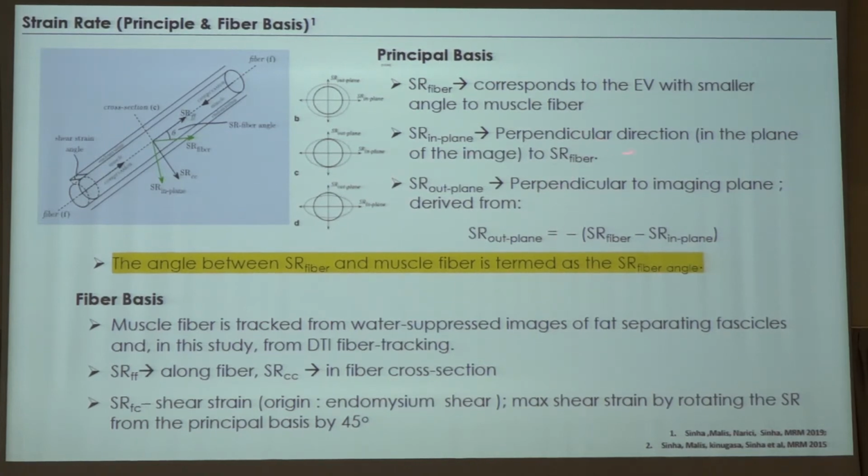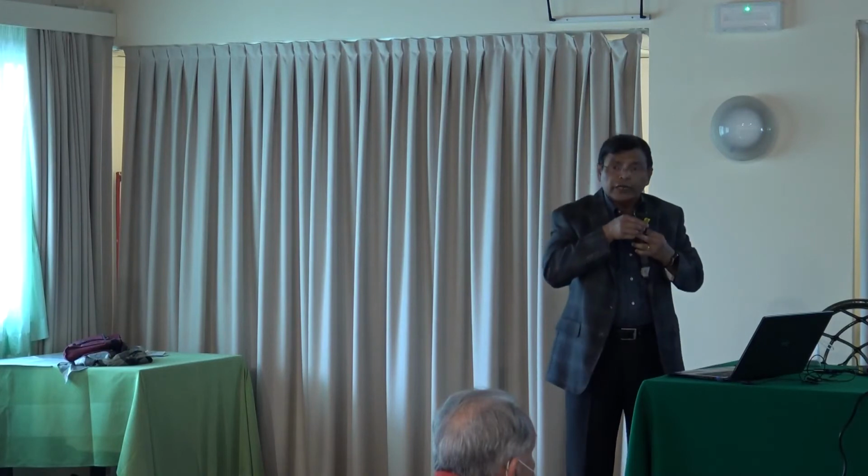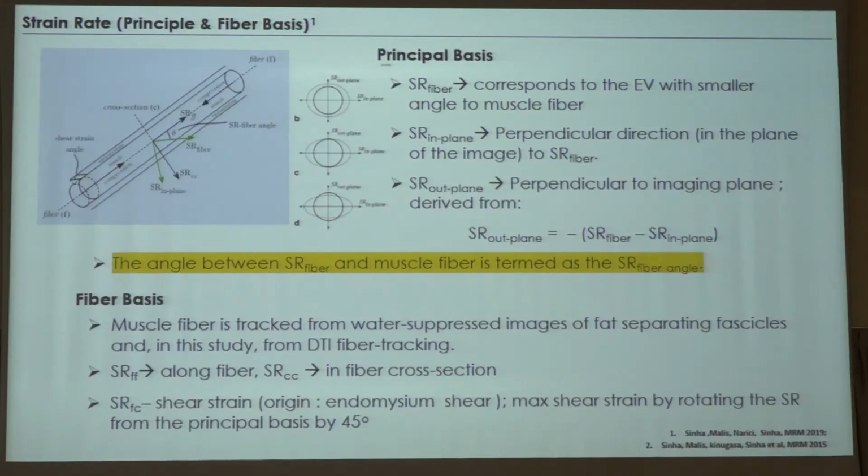You can look at this data either in terms of the principal values that you get in terms of the maximum strain, or you can get the projections along the fiber direction. It's a mathematical tensorial operation. And within that, one other thing that you get is the shear strain. Now, shear strain is like if you have a block of rubber and have the bottom fixed or adhered to a table and move the upper part, that's shear strain.